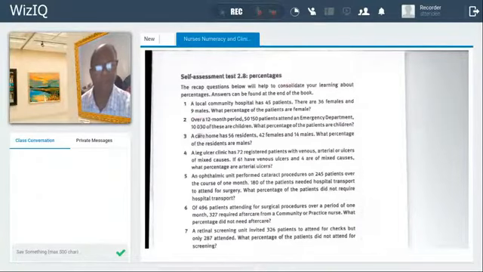Okay, question number 2 says, over a 12-month period, 50,150 patients attend an emergency department, okay, and then 10,030 of these are children. So what percentage of the patients are children?